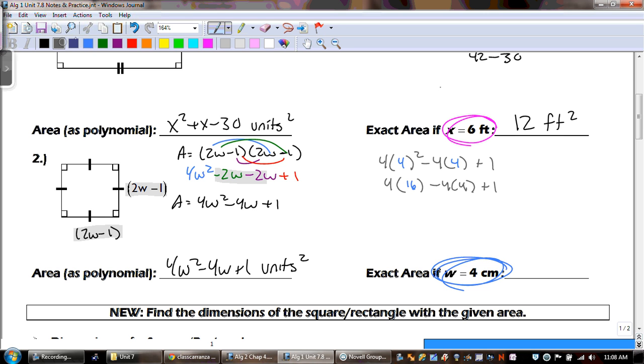And now let's multiply. 4 times 16 is 64 minus 16 plus 1. And then when you combine all of that together, you should get 49 centimeters squared.